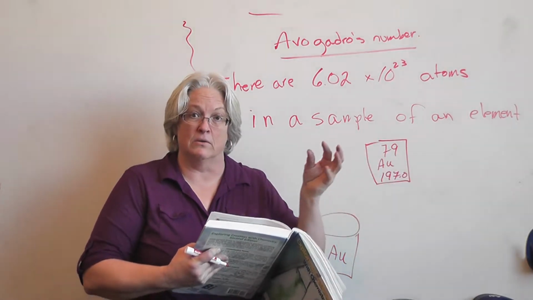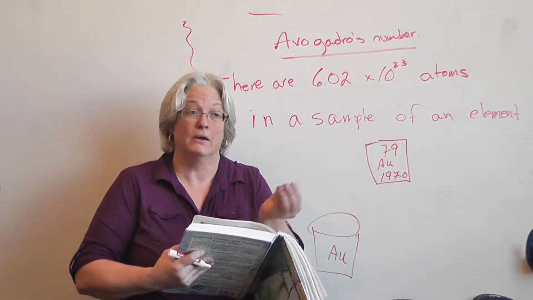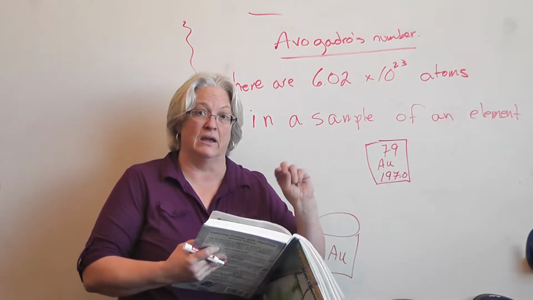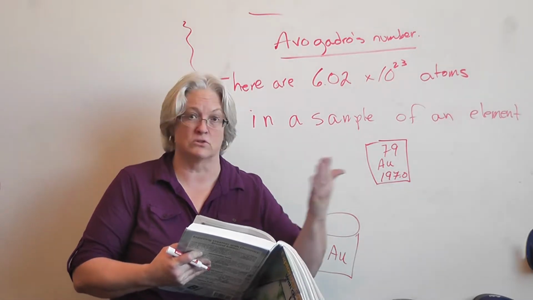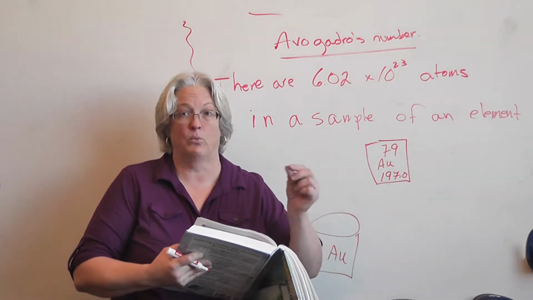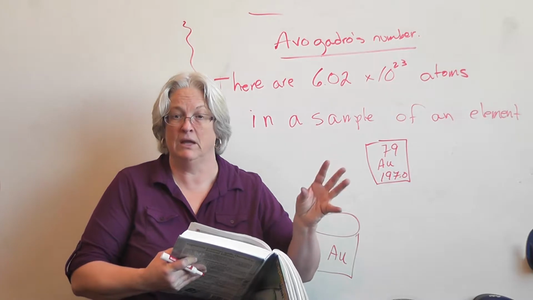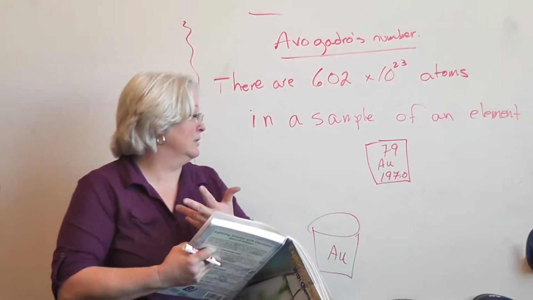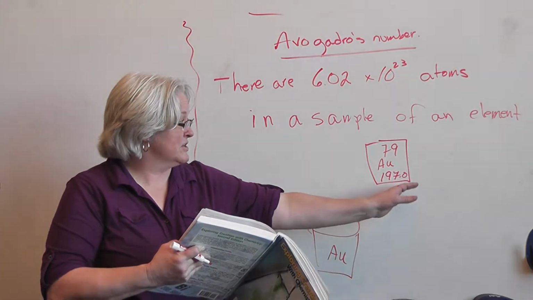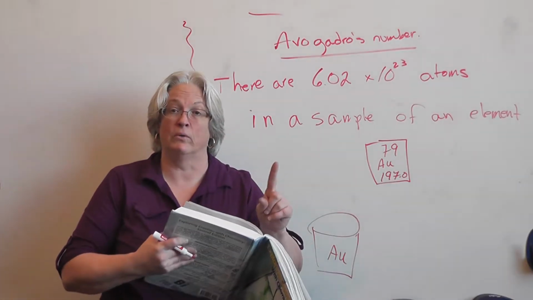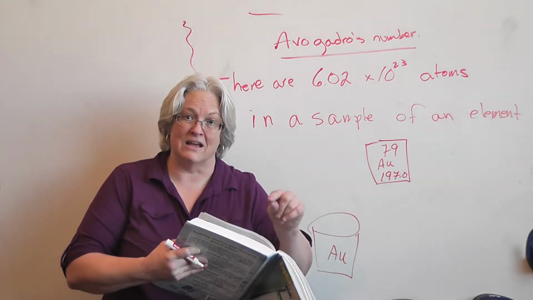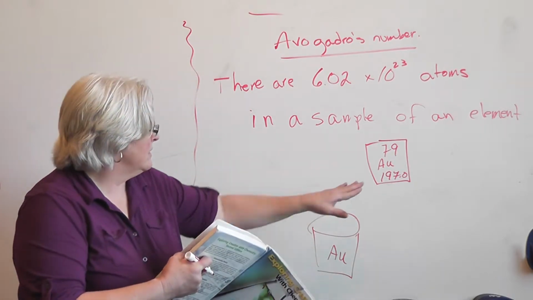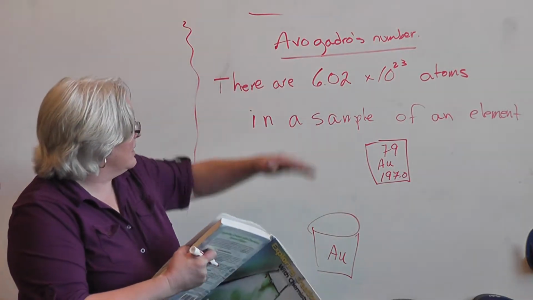It's so teeny tiny because you can't see an atom, but there's a specific weight to it, and you can't even begin to weigh it in a way that's meaningful to us. But what this tells us is that one atom of gold weighs 197 atomic mass units. Now, back to Avogadro's number.